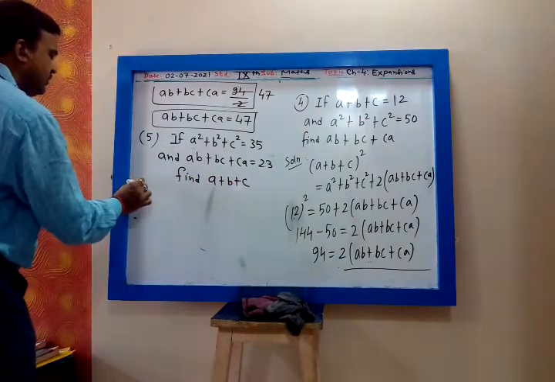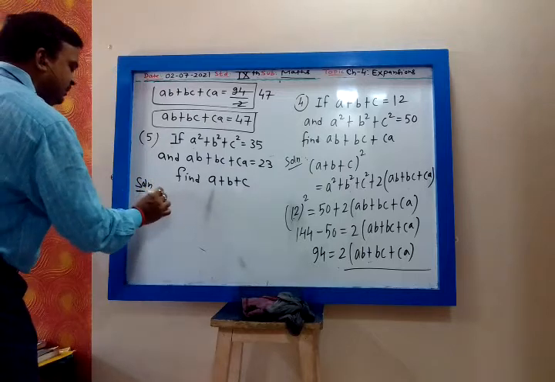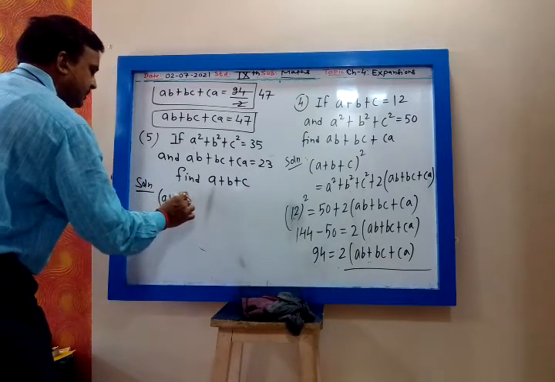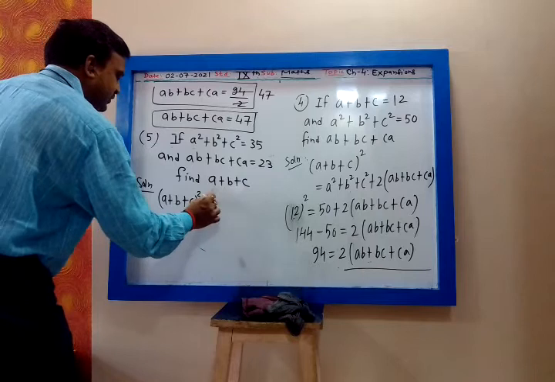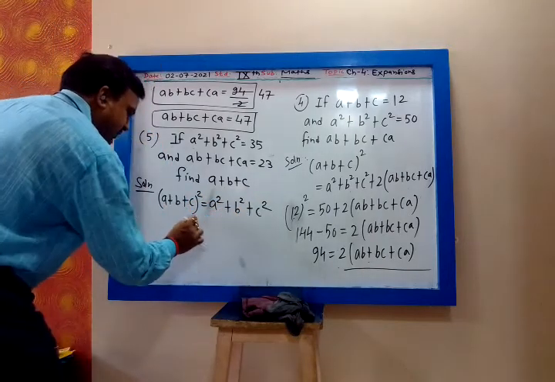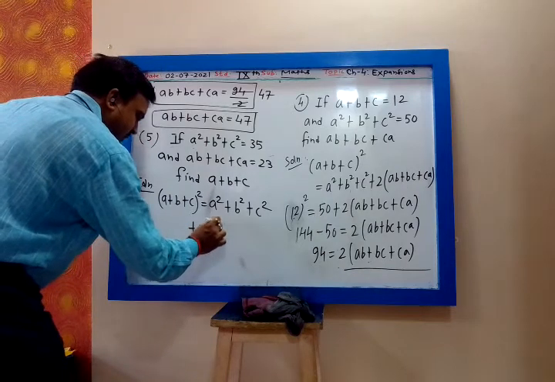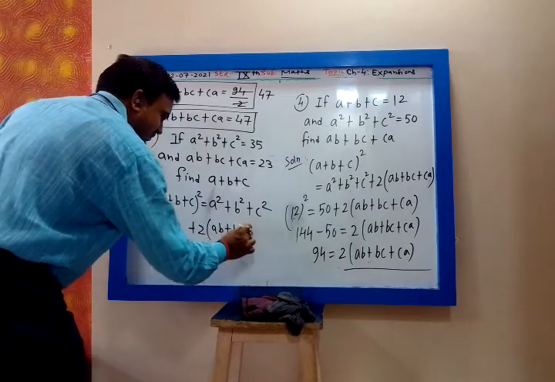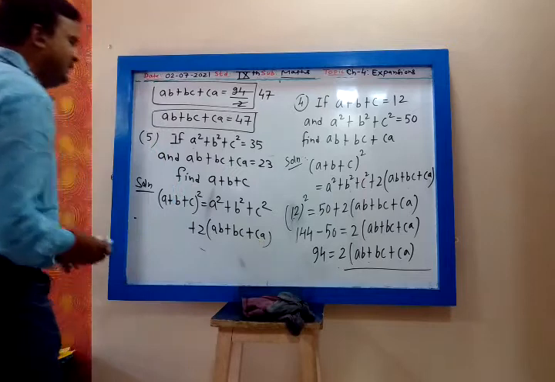So you will use that formula, that A plus B plus C whole square is A square plus B square plus C square plus 2 times (AB plus BC plus CA). Now let us substitute this value.